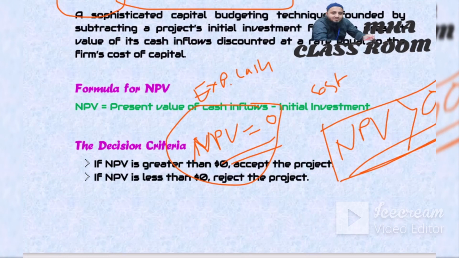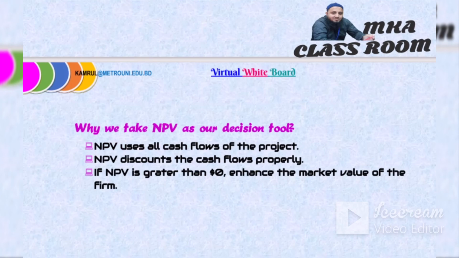Then here is a question: why do we have to take NPV as our decision tool? It is very simple. NPV always considers all the cash flows of the project, and NPV discounts the cash flows properly.